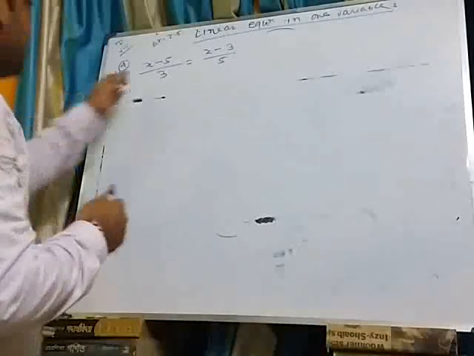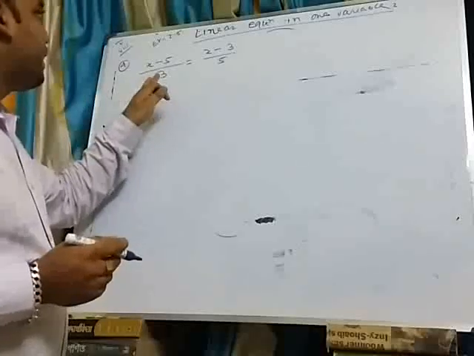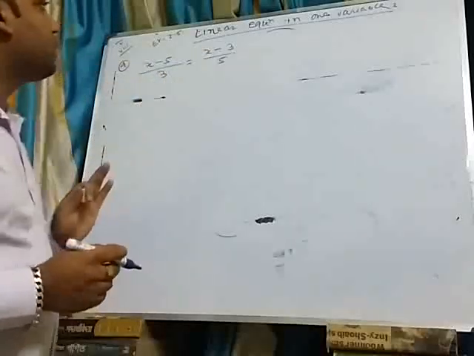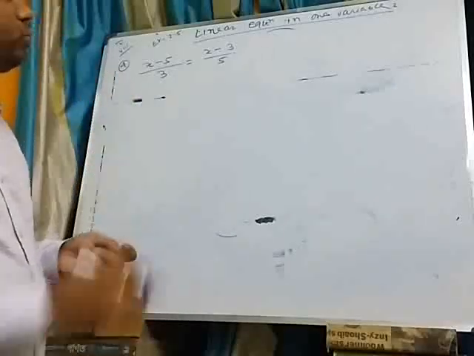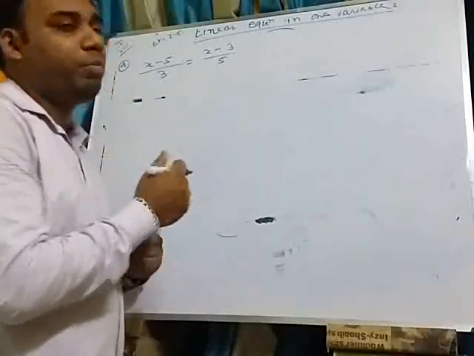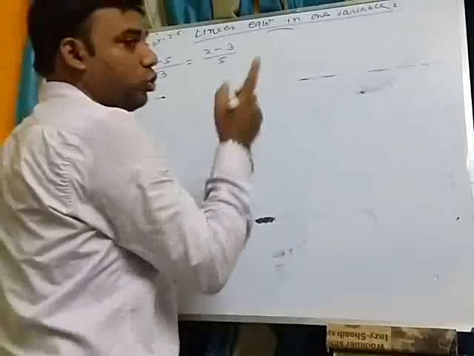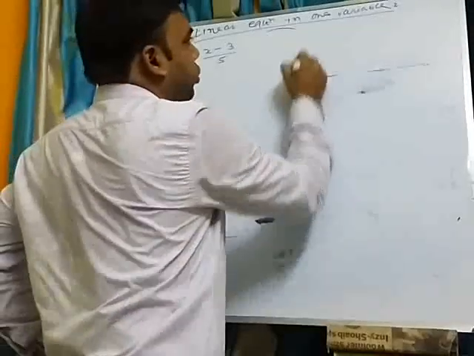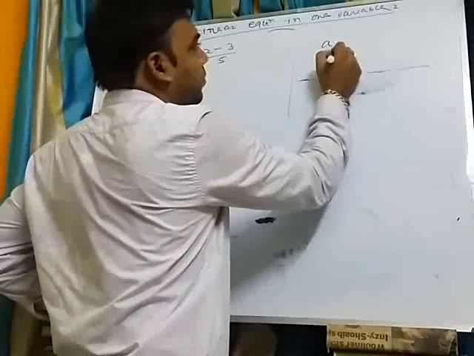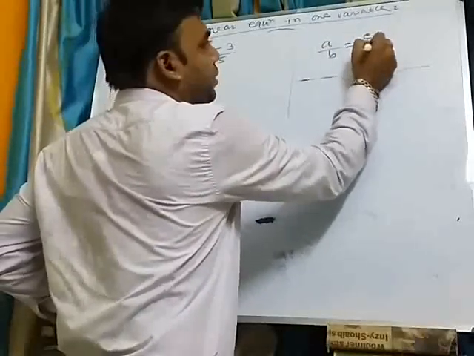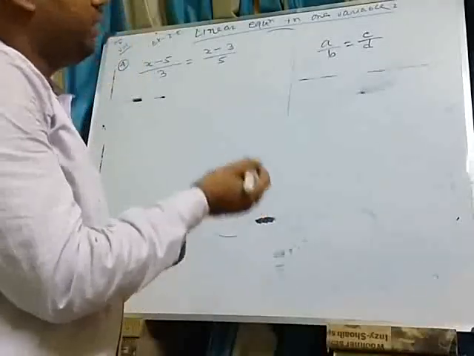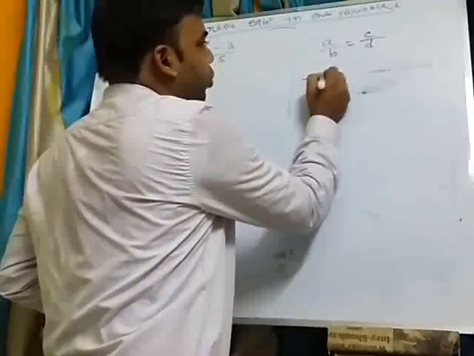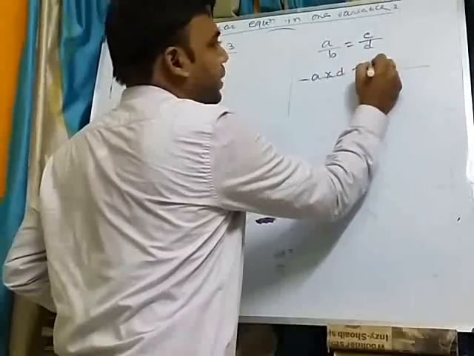Question number 4, that is x minus 5 by 3 equal to x minus 3 by 5. For solving this type of sums, students, you have to learn a process, that is cross multiplication. What is cross multiplication? Cross multiplication means if a by b equal to c by d, if any equation is given in that form, then it is a into d equal to b into c.